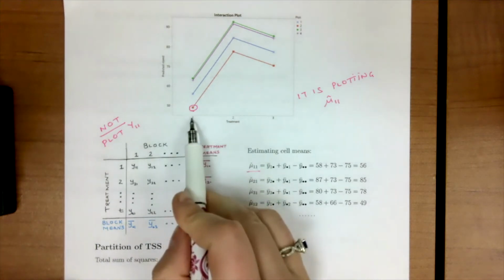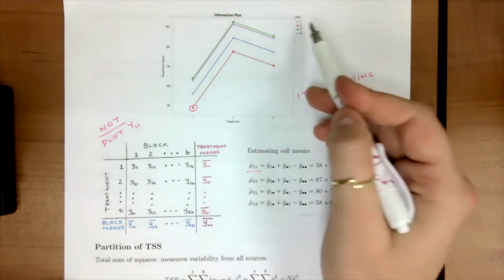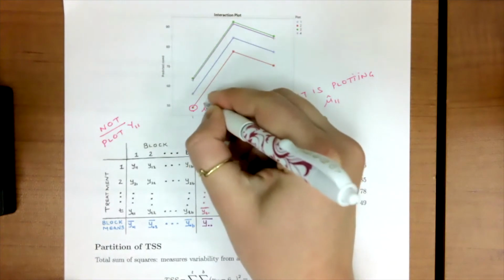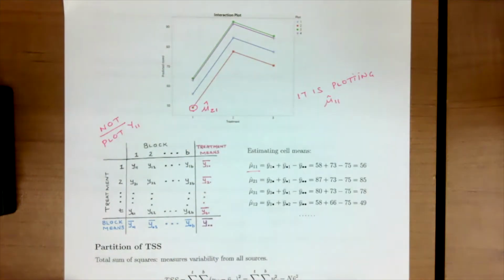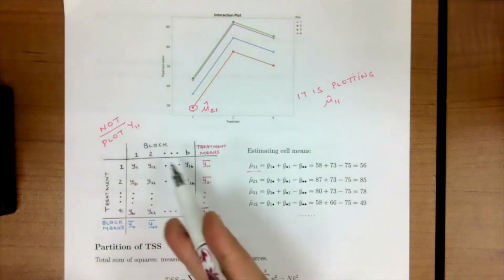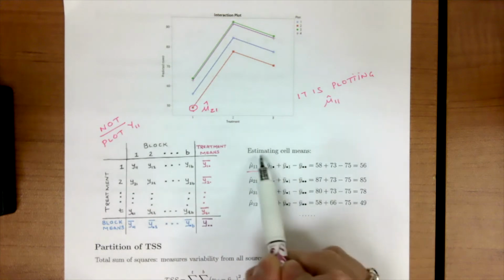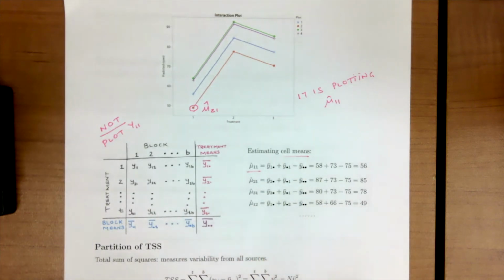Okay, so here this red one is treatment 1, block 2. So mu hat 2i. Okay, that is a key thing. I've seen that a lot from students where they'll plot the response and not the estimated cell mean. So I'm trying to help you guys not make that mistake, but sometimes we got to make mistakes to learn.